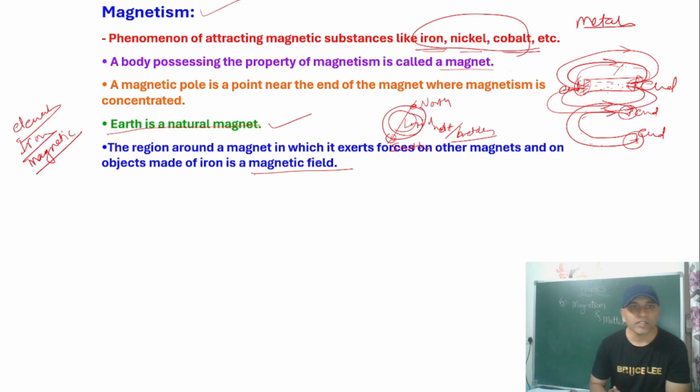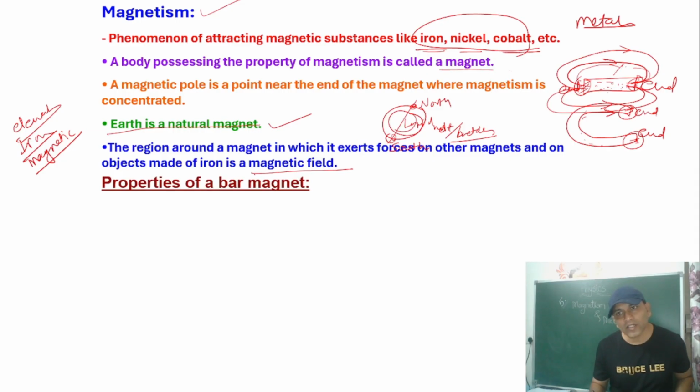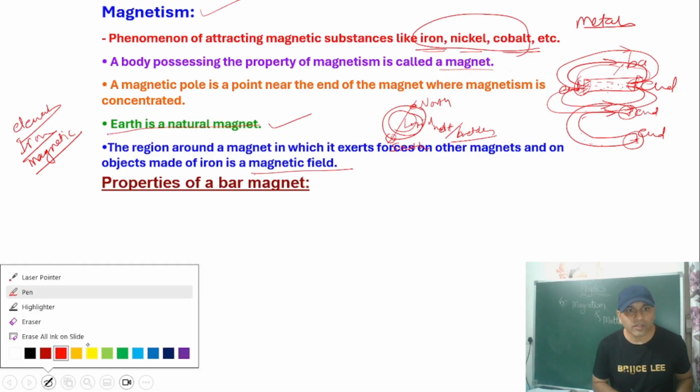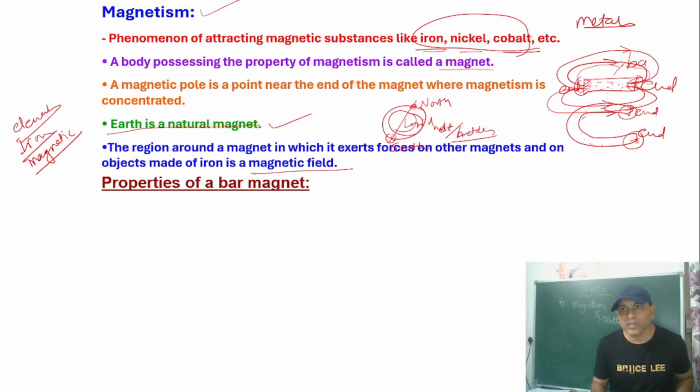Then next we are going to the properties of a bar magnet. Now see here, I have shown you two types of magnets. This one is a bar magnet. This is a bar, and this is a horseshoe type, or you can say U type.